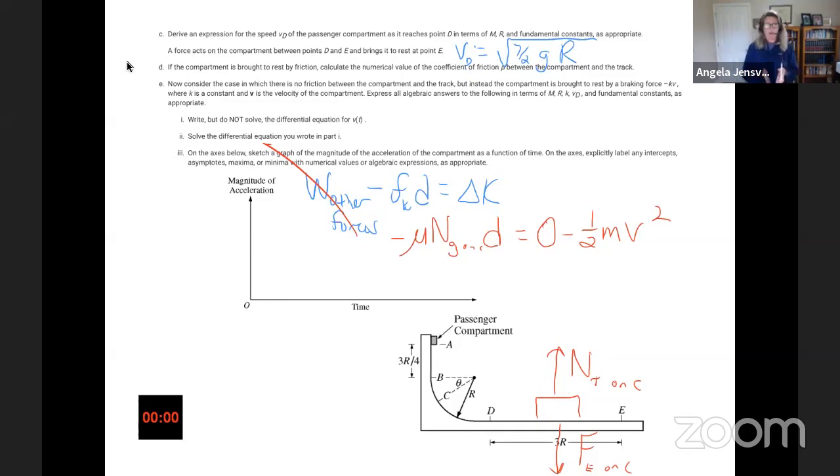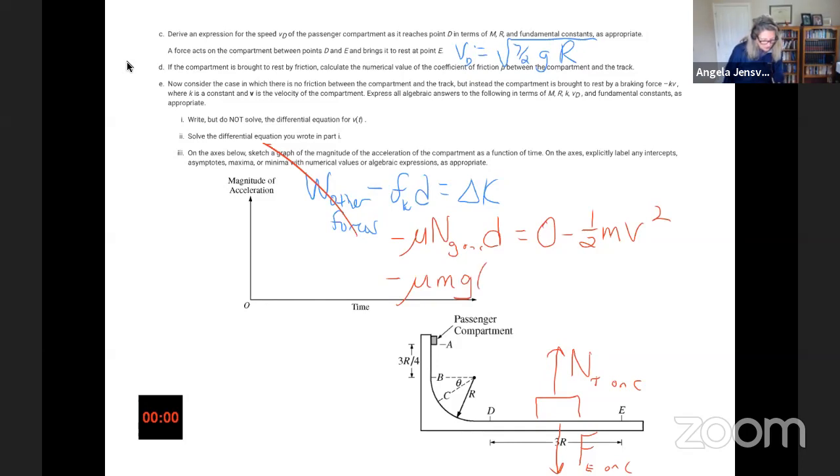Look at this force diagram. You know the compartment is not accelerating in the vertical direction, right? So that means the normal force must equal the Earth's force. So in this case, normal is mg, but I strongly urge you to draw a force diagram every time just to make sure. So minus mu mg, what is d?